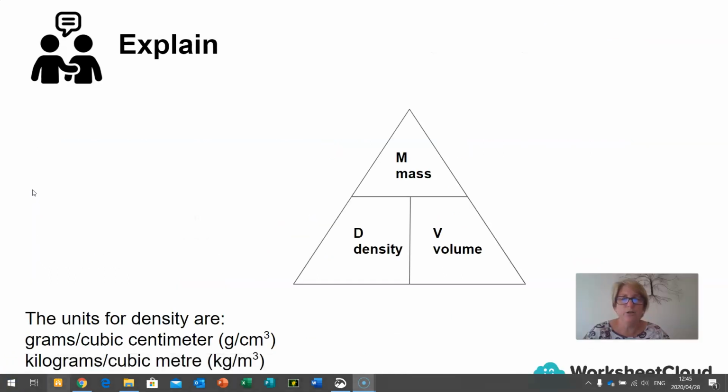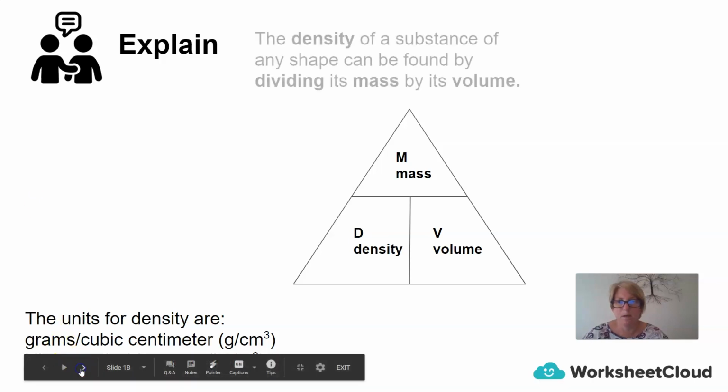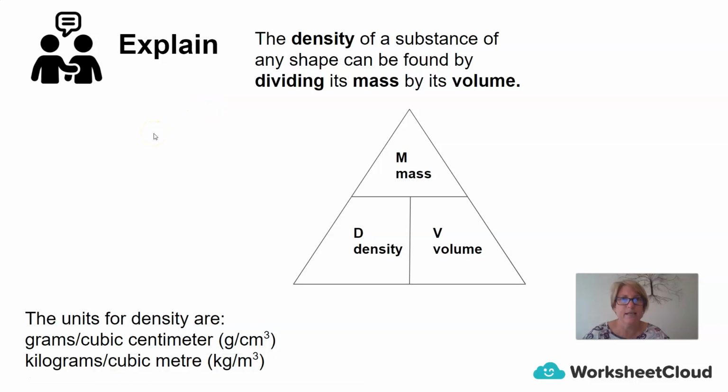So what we can do is link up density, mass, and volume into a mathematical equation. So the definition for density is that the density of a substance of any shape can be found by dividing its mass by its volume.